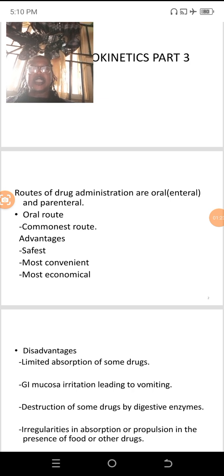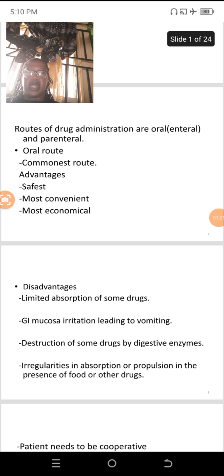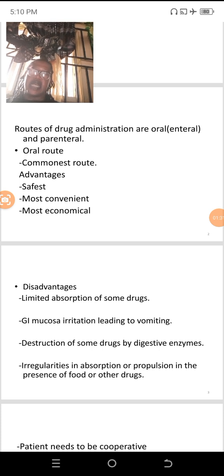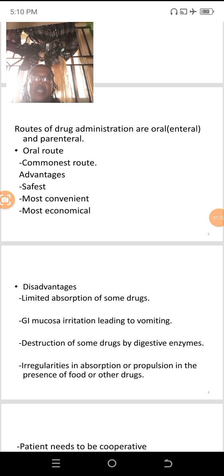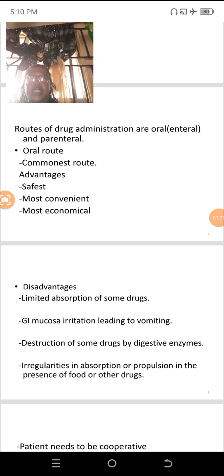The disadvantages include limited absorption of some drugs through the gastrointestinal tract. Then some drugs can lead to irritation of the mucosa of the gastrointestinal tract, and this can lead to vomiting or can lead to nausea.